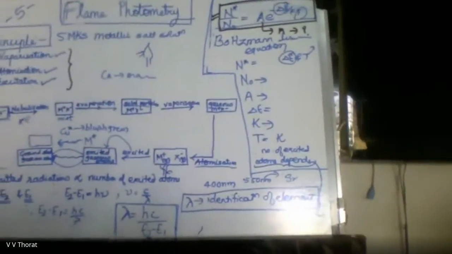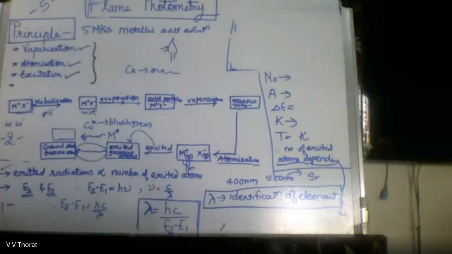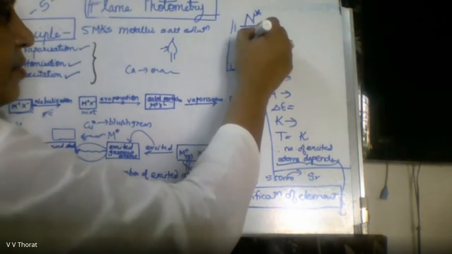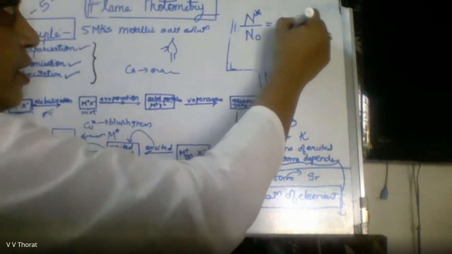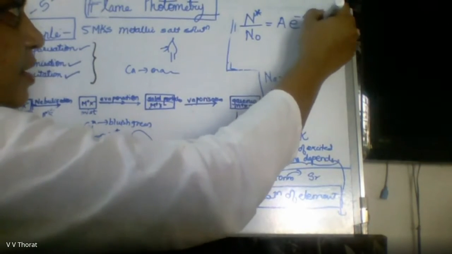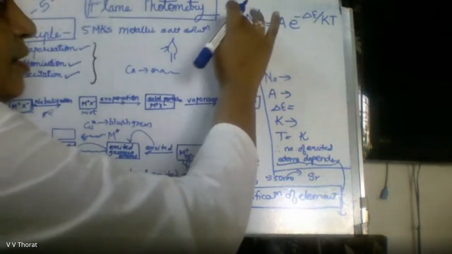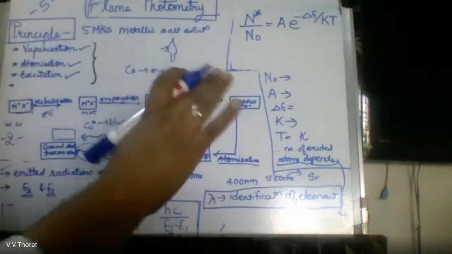Yeah. Boltzmann distribution ratio is, wait. Once again, I will write fresh. Boltzmann is N star upon N naught is equal to A e raised to minus delta E upon kT. So what is N? N star is the number of excited atoms, and N naught is the number of atoms originally present in the flame.